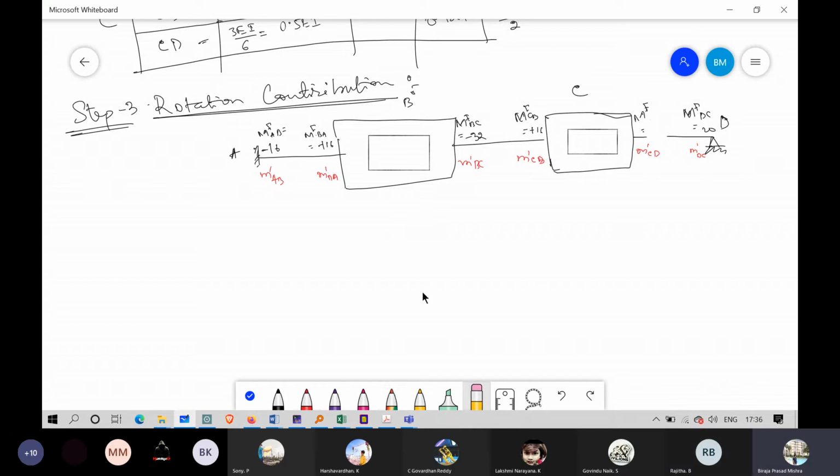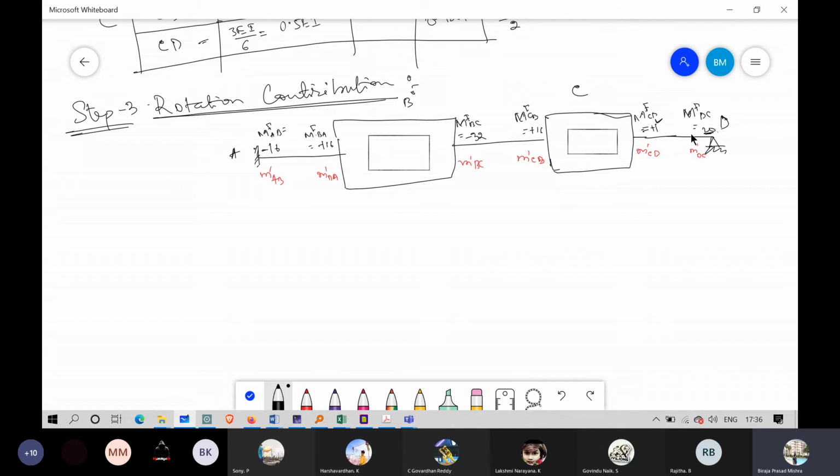This MFCD value will be 1, which we calculated at the end. And this MFDC, whatever we calculated at the end, is supposed to be taken. This will be 20. Okay.